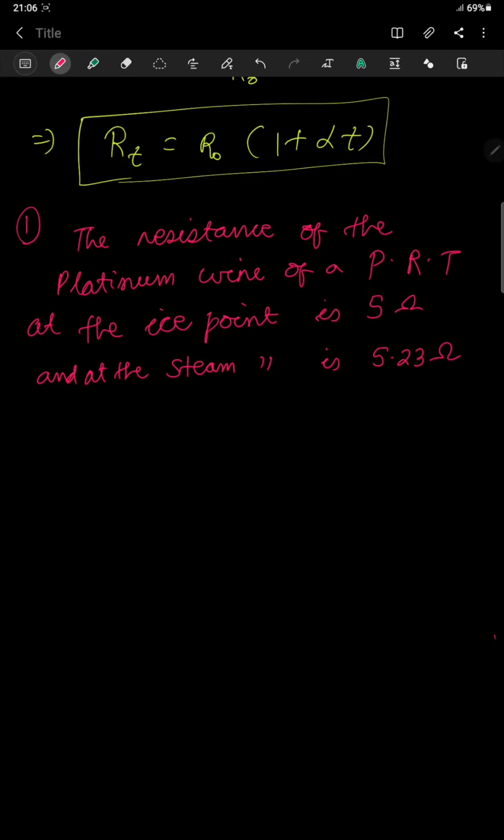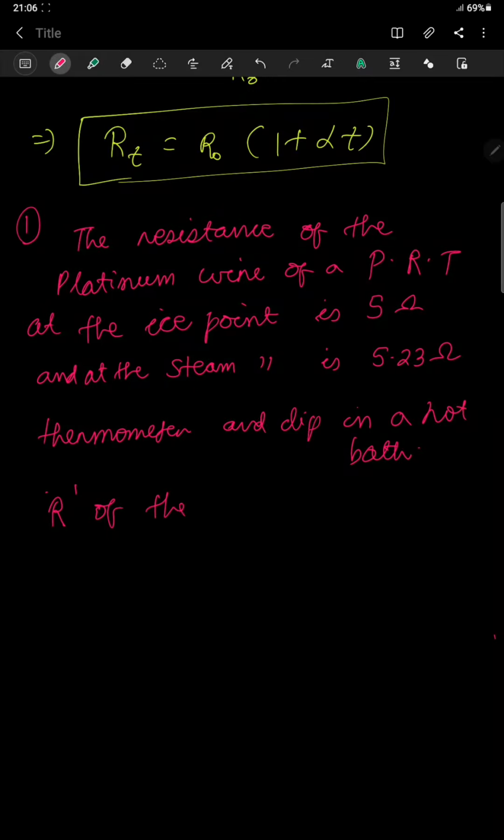Now you take the thermometer and dip it in a hot bath. In doing so, the resistance of the platinum wire is 5.795 ohm.